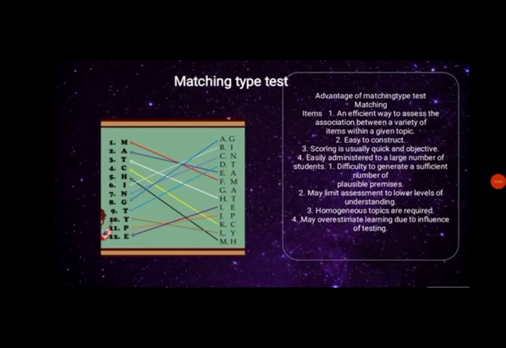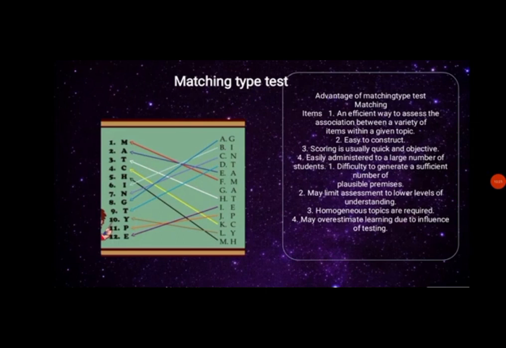Sa advantages of matching type test, number 1 is an efficient way to assess the association between a variety of items with a given topic. Number 2 is that it is easy to construct.